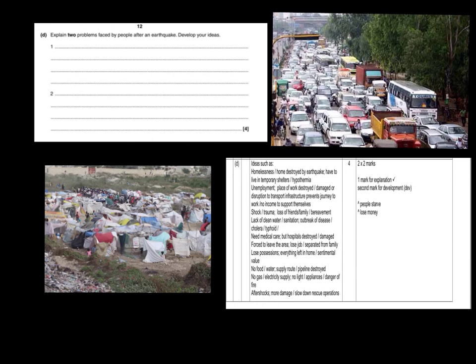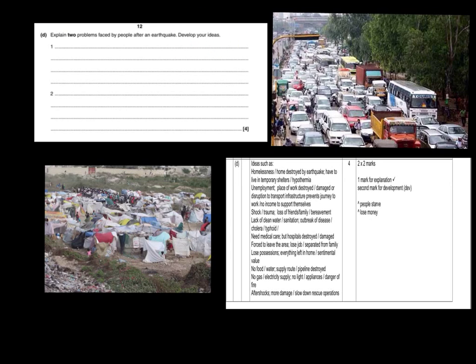Now, when we come on to question D, what we see is that the question has become an explain question. So if we have a look, what we can see here is it says explain two problems faced by people after an earthquake. So it's secondary effects it's really after. And then it says develop your ideas.